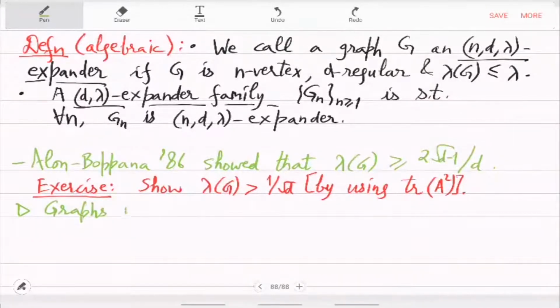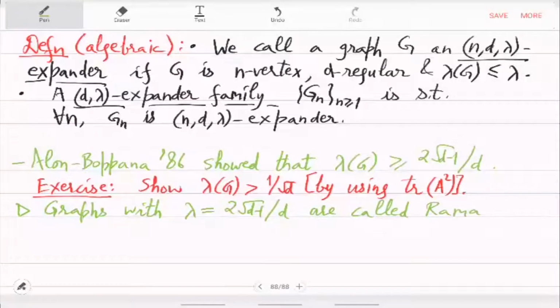So graphs with lambda equal to 2 square root d minus 1 by d, these are called Ramanujan graphs. And their explicit constructions are known.